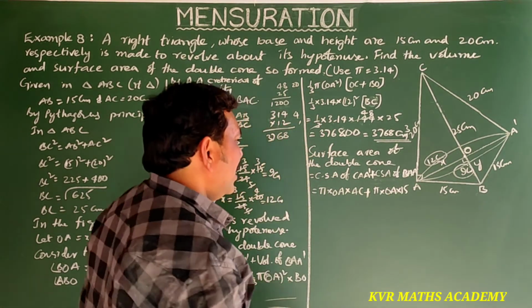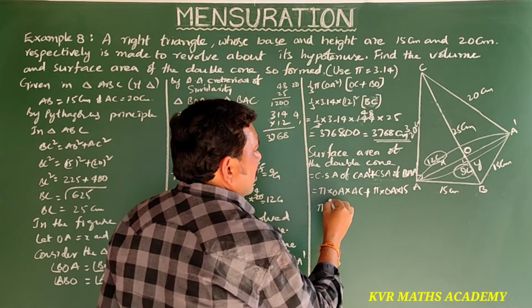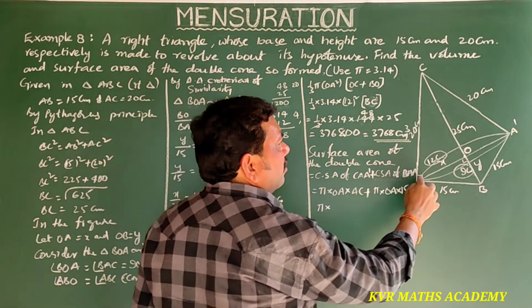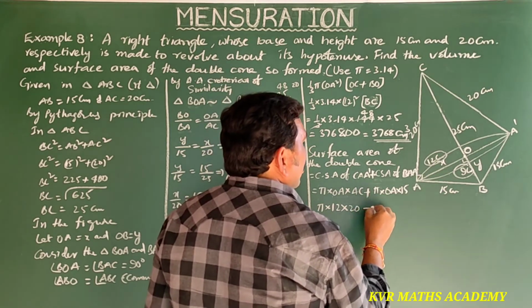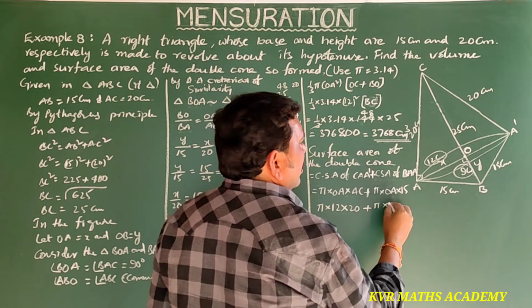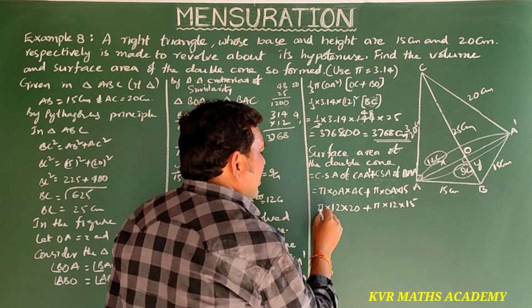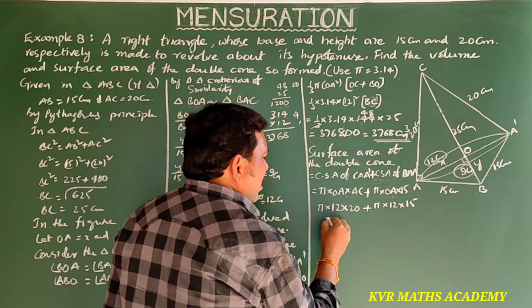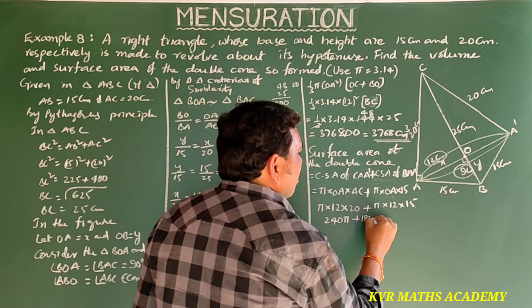Yes, pi into OA is common. OA is 12 into AC, which is 20, plus pi into OA, 12, into 15. 12 20s are 240 pi plus 180 pi.